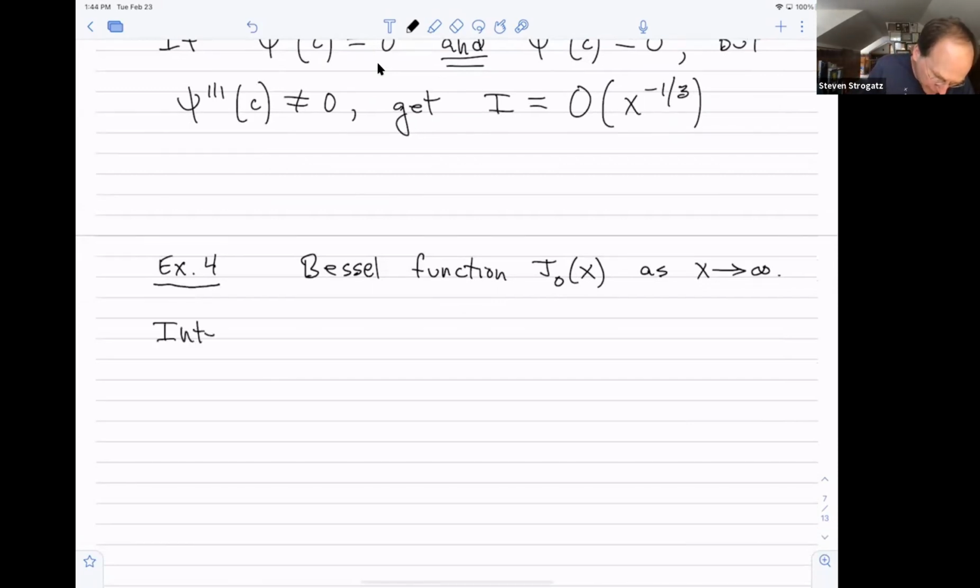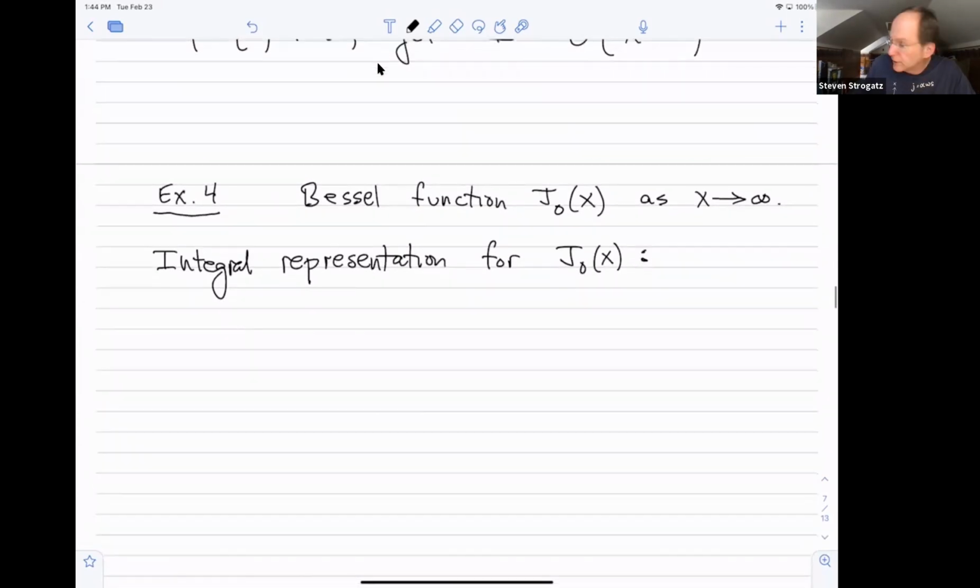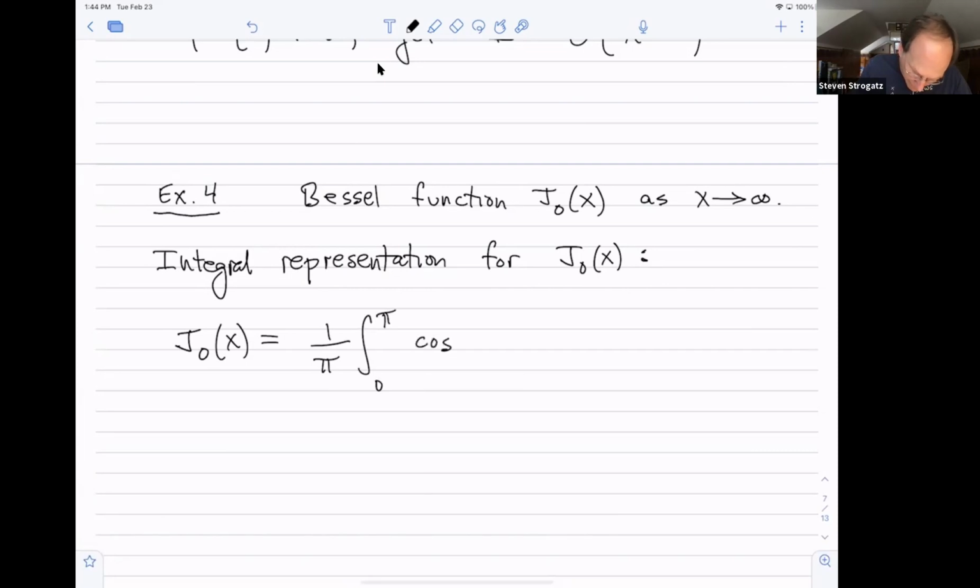I've mentioned earlier that there's a neat integral representation for the Bessel functions. And in particular for J0, the Bessel function is this nice looking integral. J0 of x is 1 over pi, integral from 0 to pi, cosine of x sine t dt.